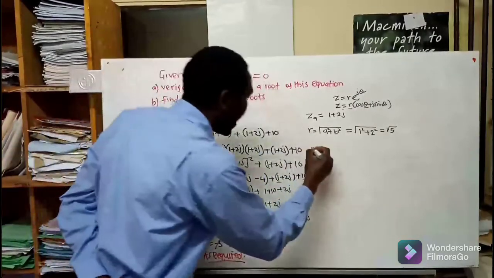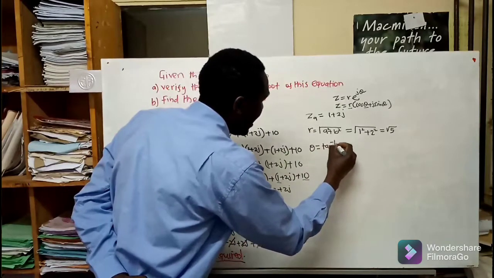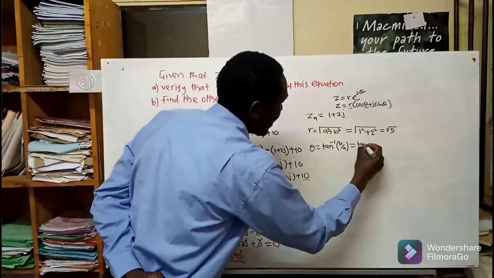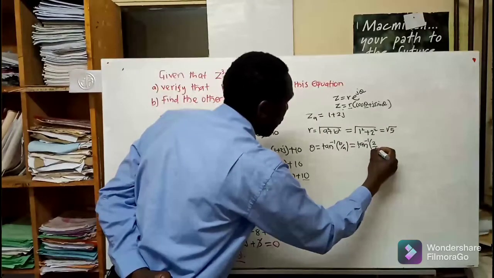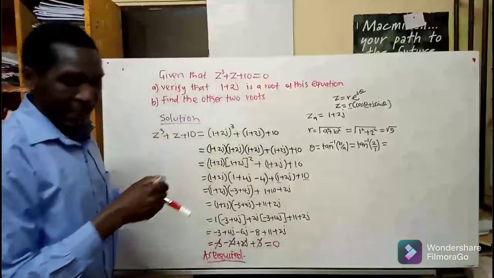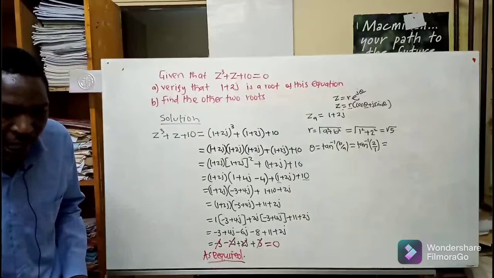Now we get theta. Theta, which is the argument, is equal to the tangent inverse of B over A, which is equal to the tangent inverse of our B, 2, divided by 1. And this is equal to, now we need a calculator. Let me check from the calculator what we have.